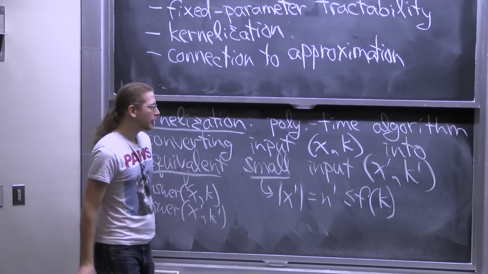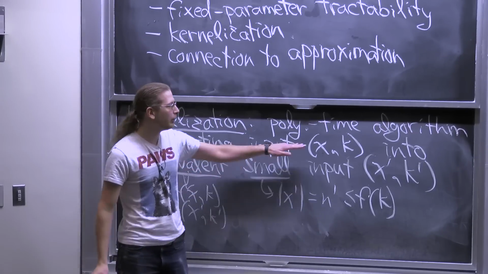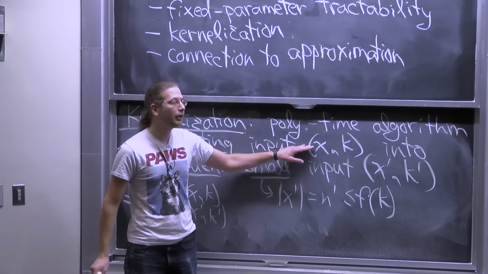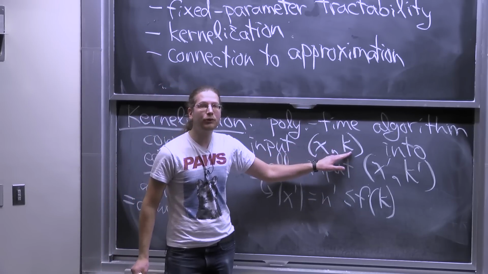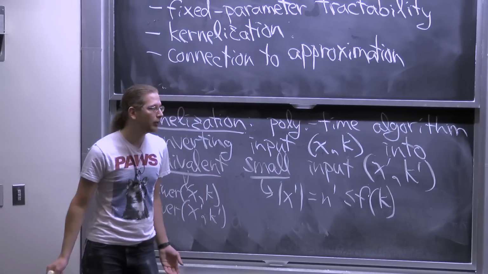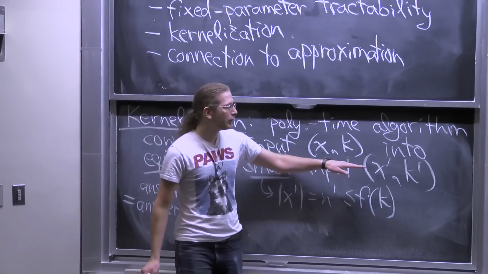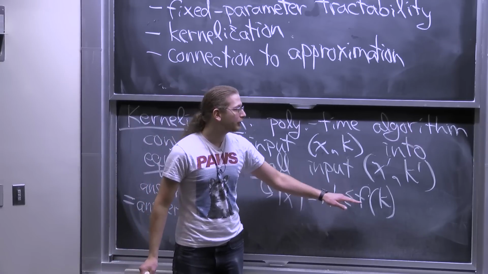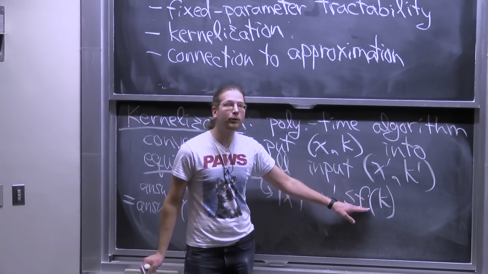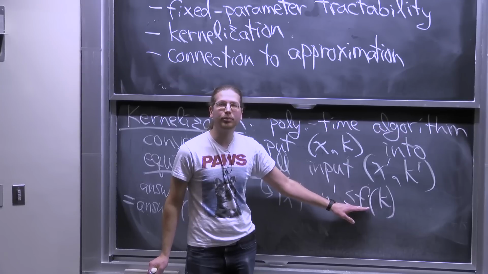So this is interesting. So we started with probably a giant problem. X has size n. And we have a parameter k, which we presume is relatively small. And we convert it into a new input x prime that's very small. Its size is a function of k. No more dependence on n. N has disappeared from the problem.